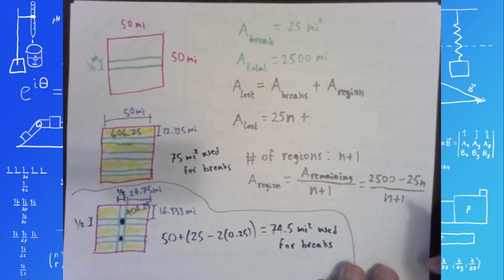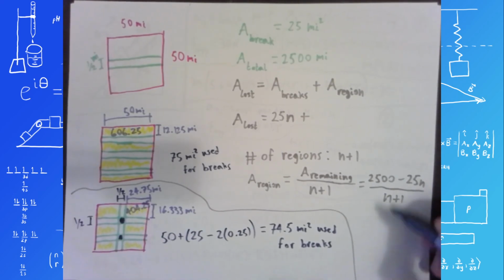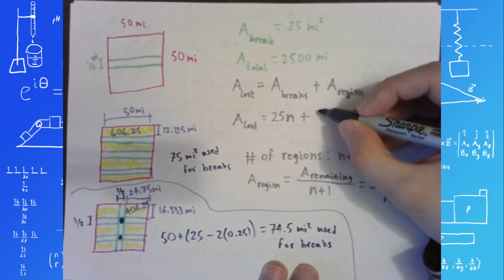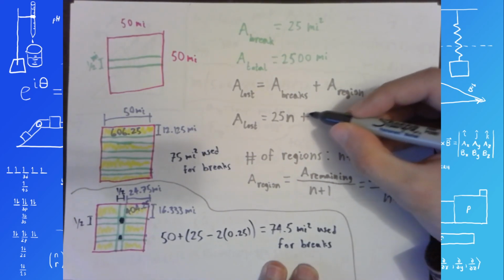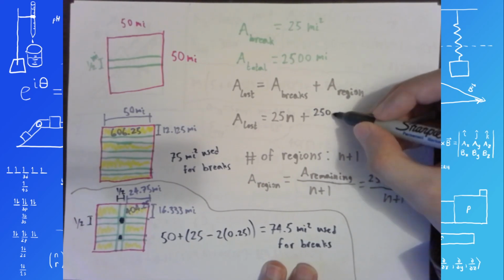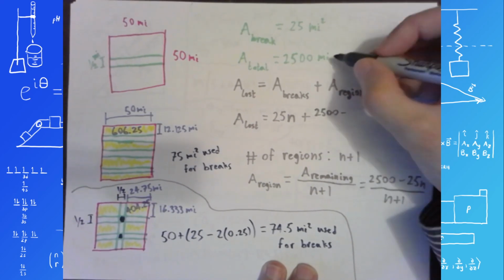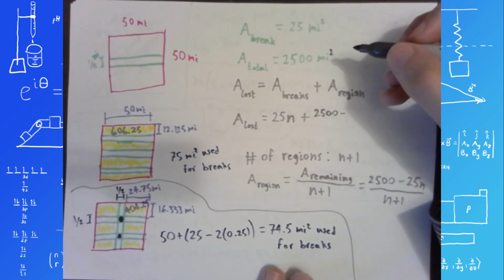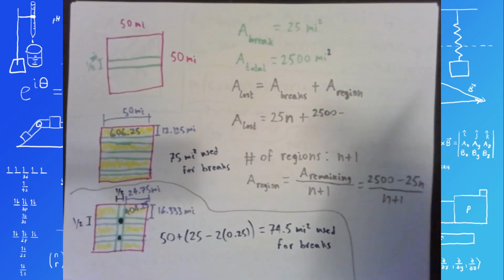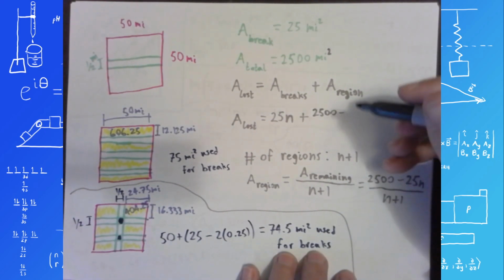Over n plus 1. So I can go ahead and copy that over to here. Area lost is 25n plus 2,500 minus, and I forgot to square the miles there too. Glad I caught that.